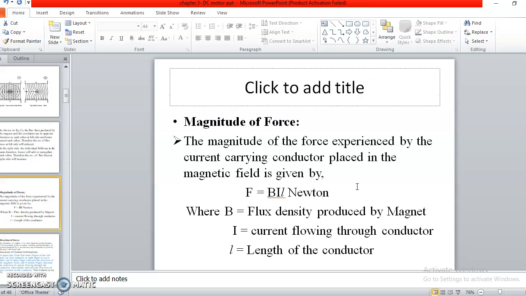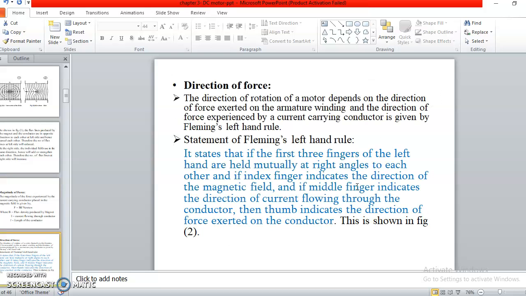The interaction of these two magnetic fields takes place and force is exerted on the conductor. The resultant force is exerted on the armature, and the armature starts rotating as per the direction of force exerted. The direction of that force is given by Fleming's left hand rule.